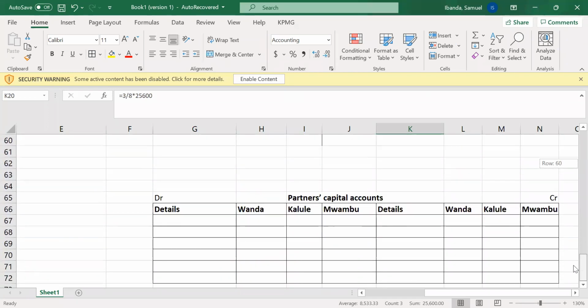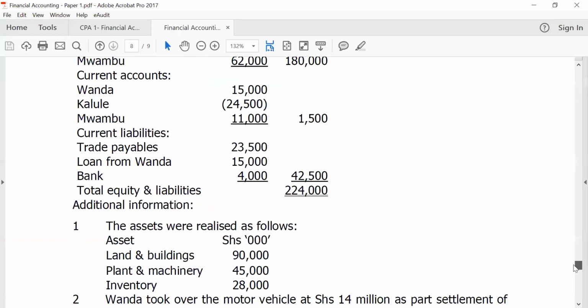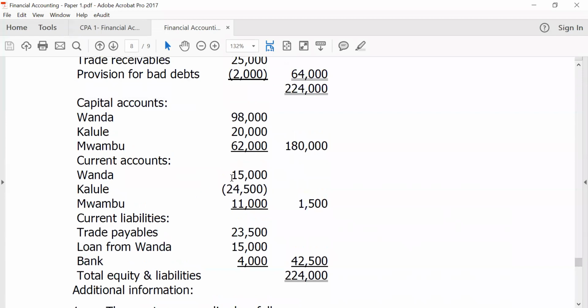Now, in this case, before I even do that, I have to first get the balances into the capital account. We have balances that we need to put as our balances brought down in that account. So you can see we have one that has 15,000 as a positive balance.